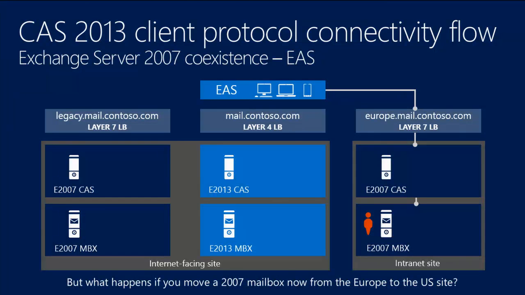And the question then is, what happens if you move a 2007 mailbox now from Europe to the US site? Remember I said we got rid of the 451s? Well, we only got rid of the 451s for 2013, okay? Which means that you would be 451 redirected back in this particular case because the CAS you were talking to was a 2007 CAS.